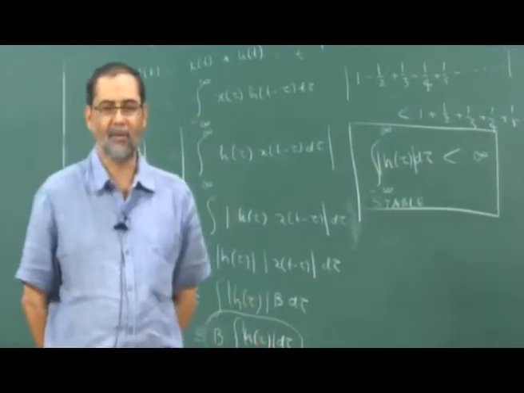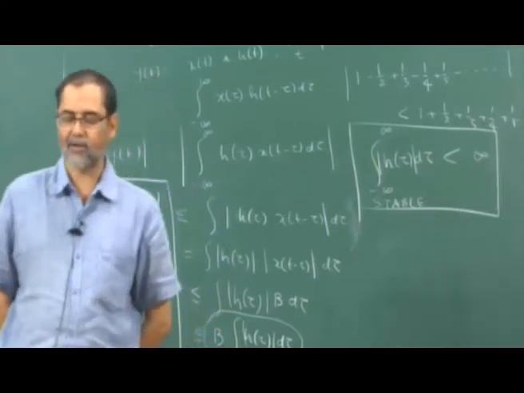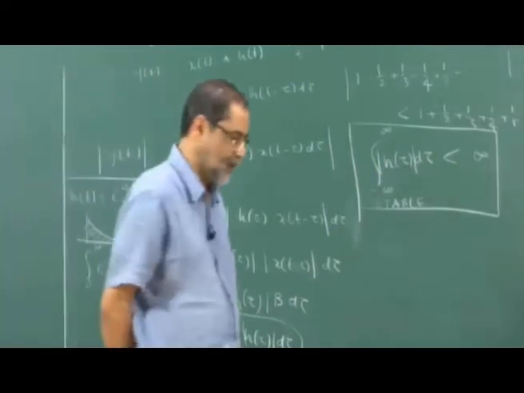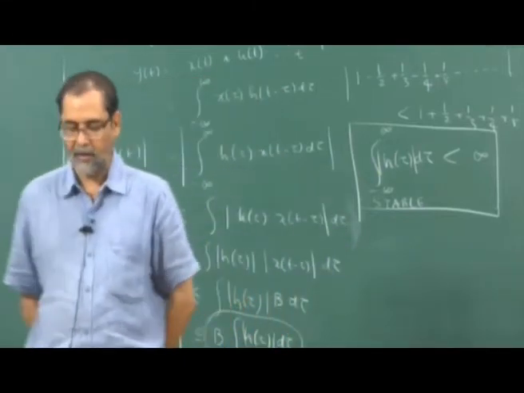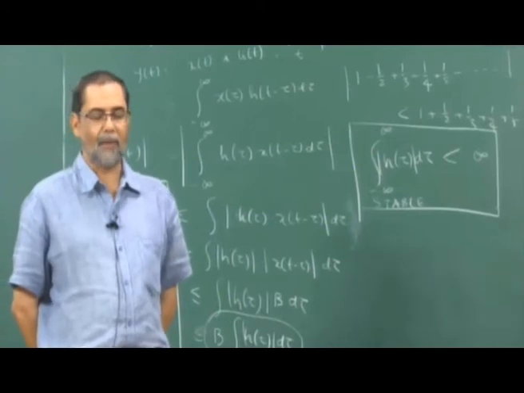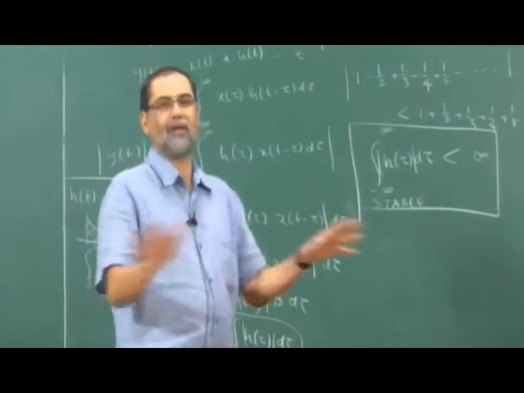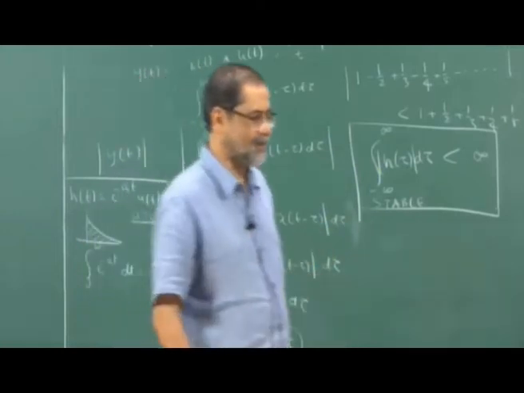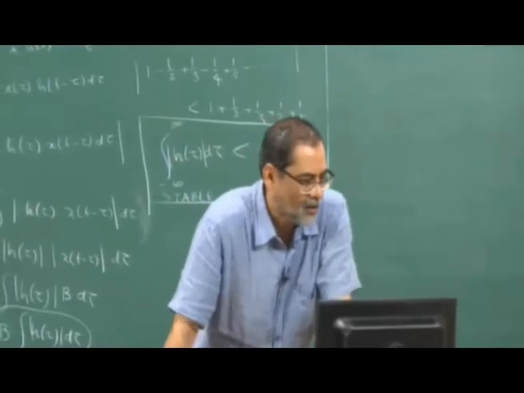I don't know, there could be different forms of stability, mechanical engineers talk about saddle form stability, saddle point stability and so on. But for us, I have defined stability as bounded input, bounded output stability. So h of t is u of t, it is not stable, that part is clear. So I don't know whether it's critically stable or not.